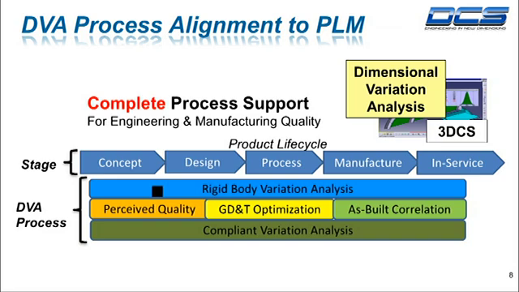So we look at the GD&T spec, we look at the actual measured data, and we correlate these two to see where there are still discrepancies and where we can close the gap, if you will, on optimizing a product design based on real product information.